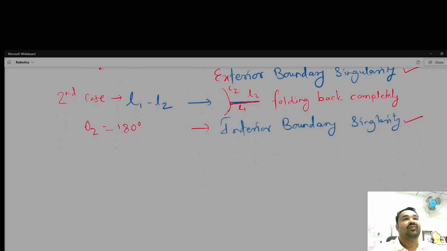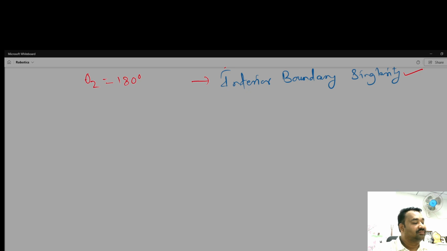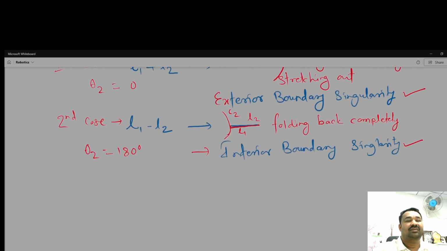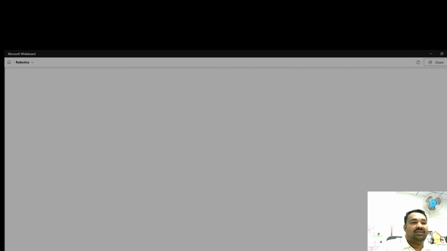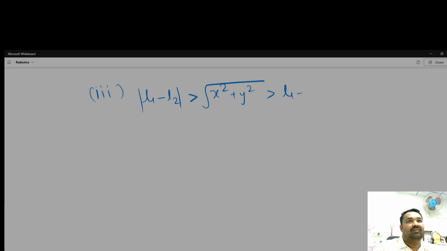Now the third condition. Earlier, in the case of two solutions, the modulus of L1 minus L2 was less and L1 plus L2 was greater. Now what happens when the distance is beyond L1 plus L2, or less than the modulus of L1 minus L2?